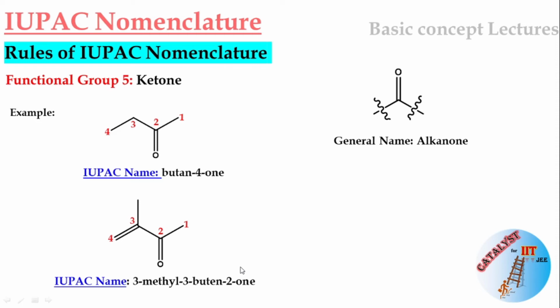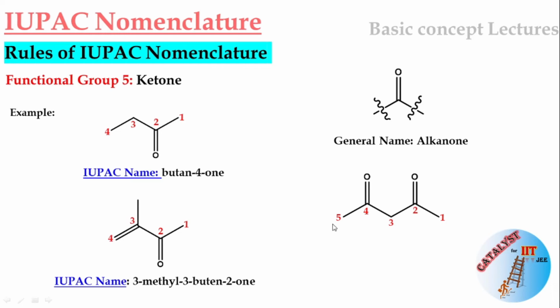Okay, now we have covered the rules for the nomenclature of saturated hydrocarbons as well as unsaturated hydrocarbons which contain the ketone functional group, and this is the example in which two ketone functional groups are present. From either direction, if you start numbering your parent chain, the location of your functional groups will be the same.